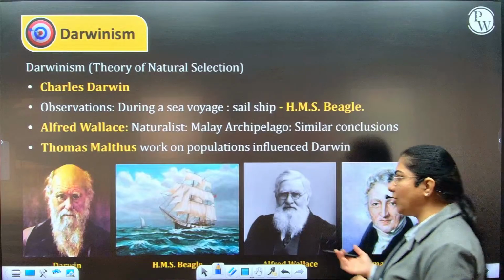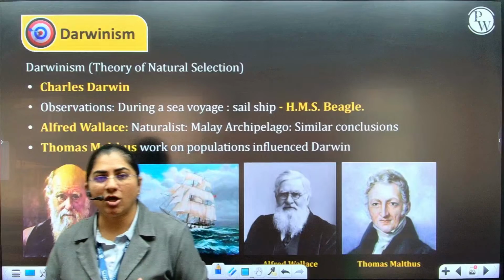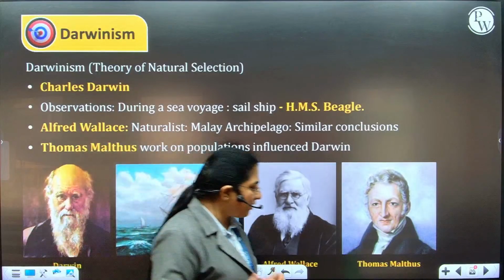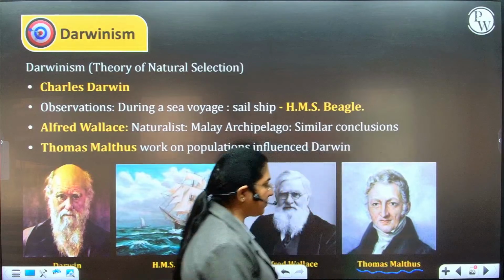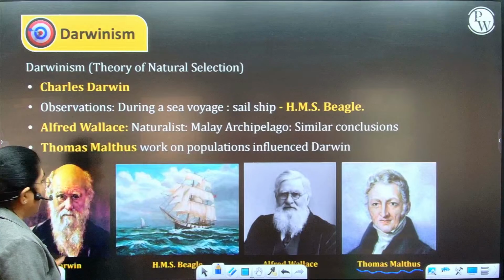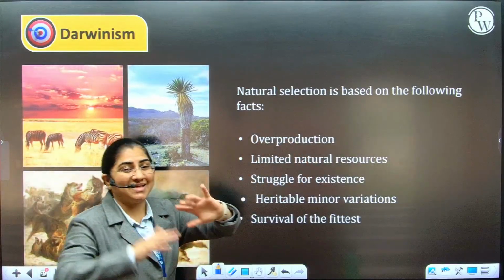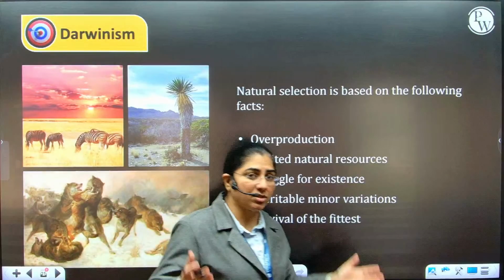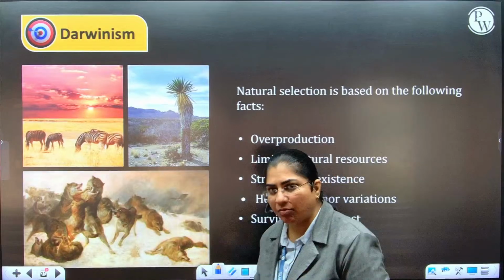Darwin sir, as I told you, had gone to Galapagos Island and he was working there. He was doing a lot of research. Simultaneously, he was also studying the theory on population which was given by Thomas Malthus sir. He found out that Thomas Malthus sir had said that overproduction or extensive increase in the population will lead to something or the other in nature which will curb the population.